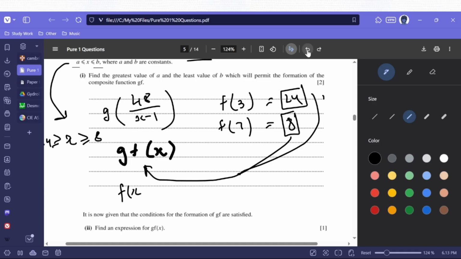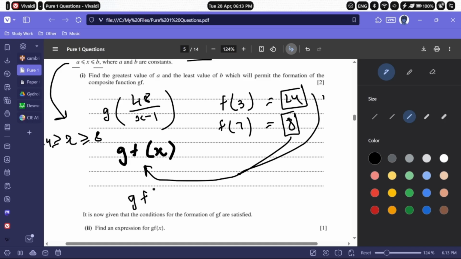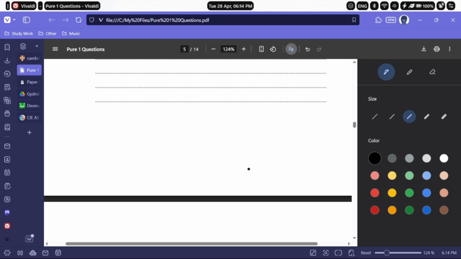Because in gf of x, you can think of it as you have your function g of x, but then your x would be f of x in this case. You're basically inputting f of x into g of x. So whatever your output values or f of x values are would be the domain for g of x. It makes sense if you think about it in a structure, in an order.